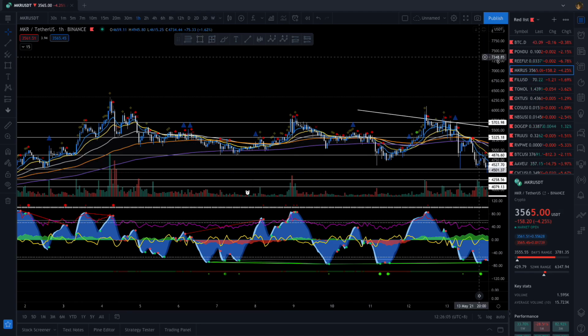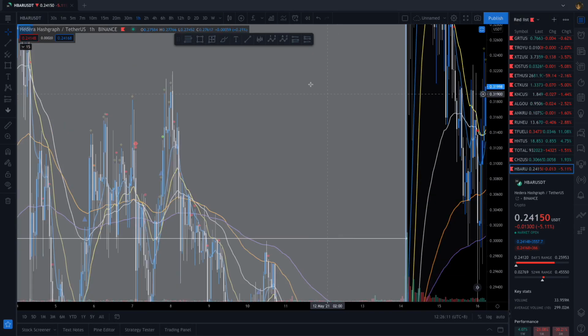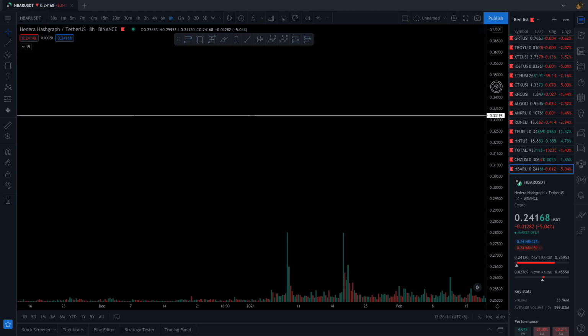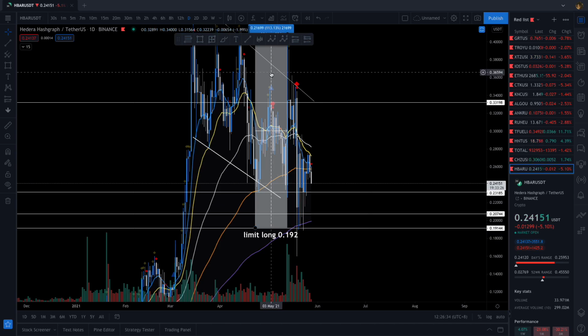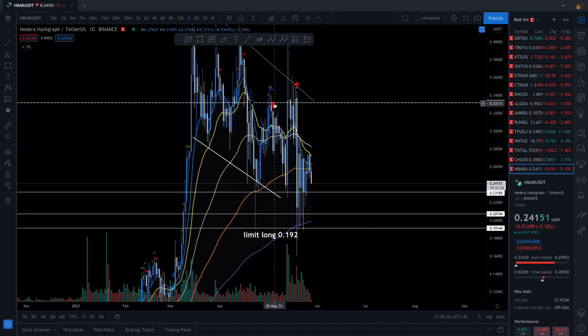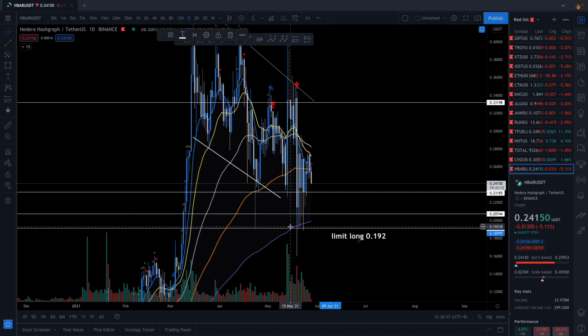So just to give you a few other examples, I believe we did a call on H bar recently. If I just go onto the daily chart of H bar, you can see that back when H bar was at like 0.33 or something, I made a limit order at limit long 0.192, right?